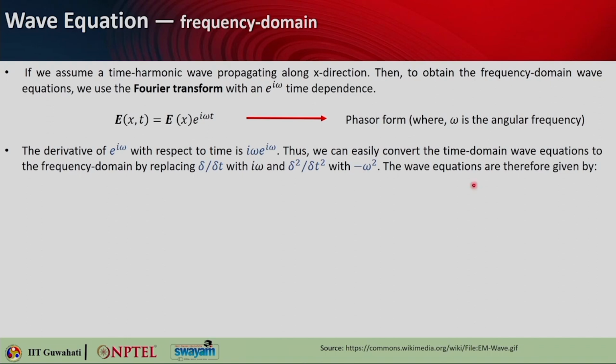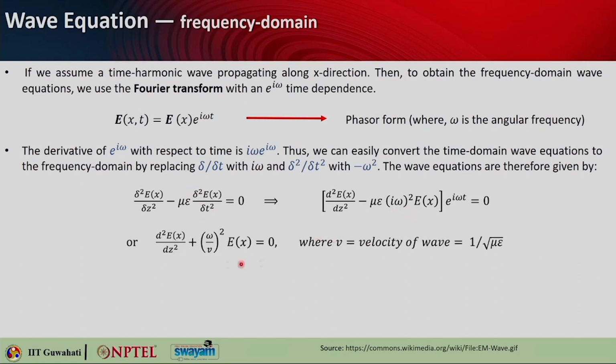Okay, so the wave equation can therefore be given as, you can start with this one, this is your wave equation, and you can finally write that instead of dou square by dou t square, you can write i omega whole square, and i square gives you minus 1, that minus gives you plus.